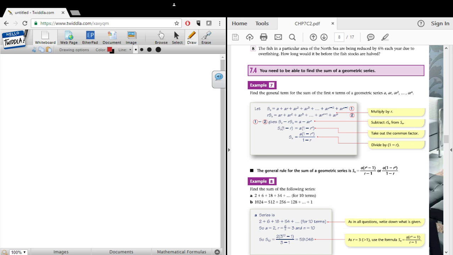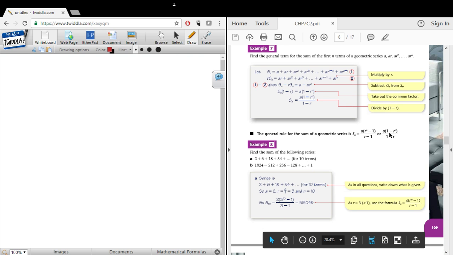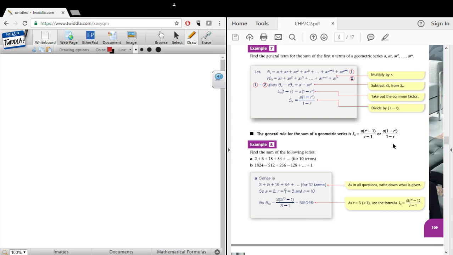So here you can go through a simple proof of how they attain this series sum, and they've shown you perhaps 2 different ways of appreciating it. The difference between this and this is the fact that a negative sign has been changed in its positioning.